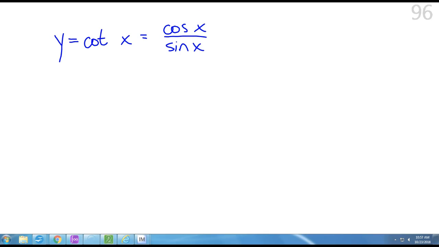Make sure you're starting with cosine over sine this time instead of sine over cosine. It's not cosecant, but there's a cosecant involved.